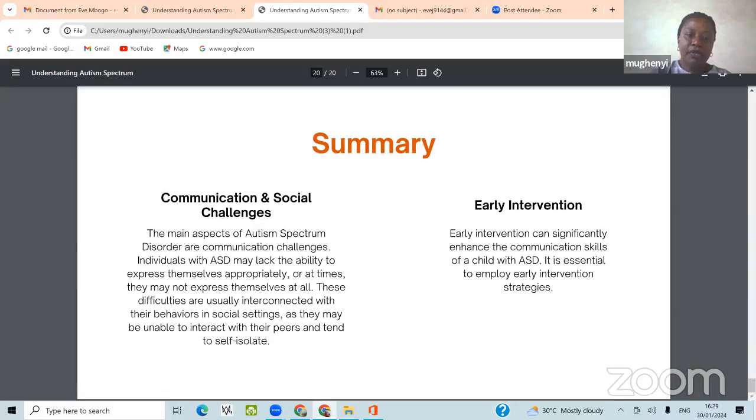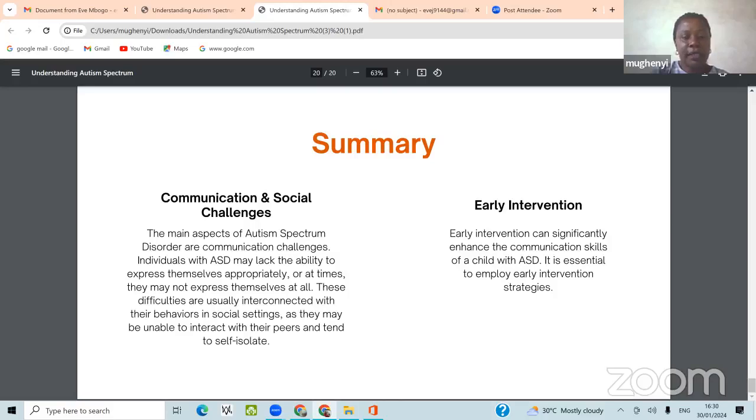The main aspects of autism spectrum disorder are communication challenges. Individuals with ASD may lack the ability to express themselves appropriately, or at times they may not express themselves.